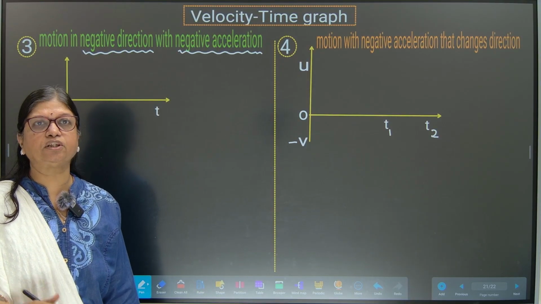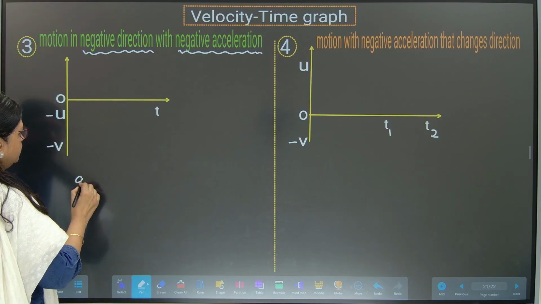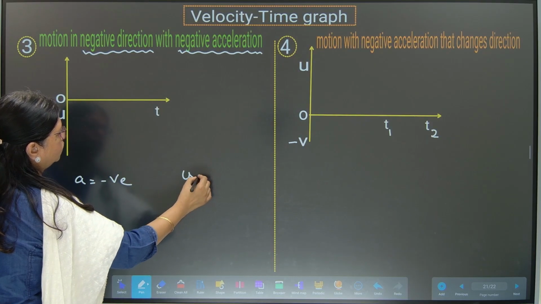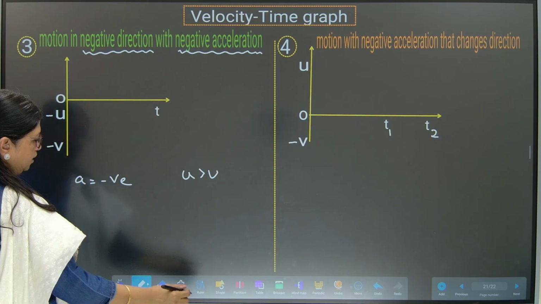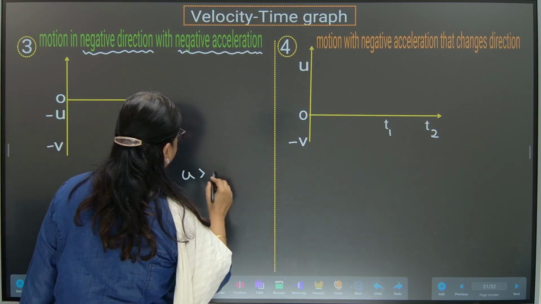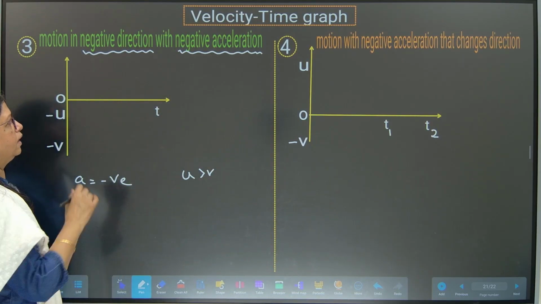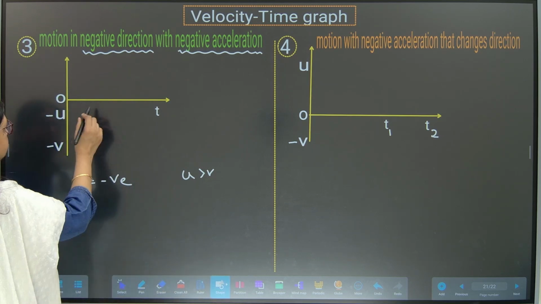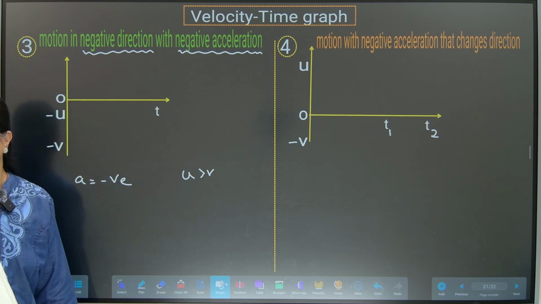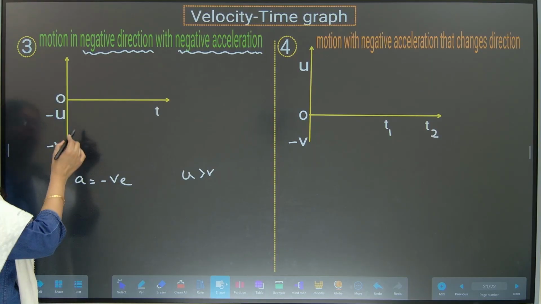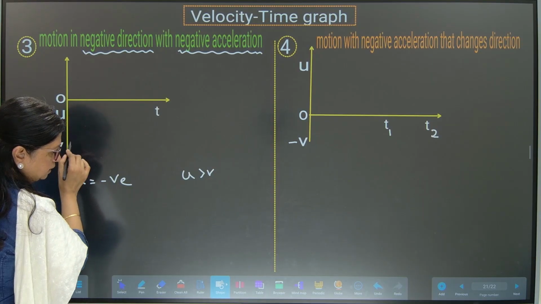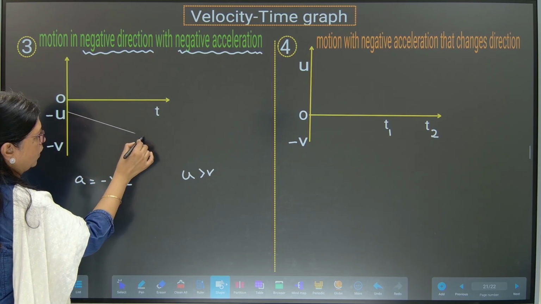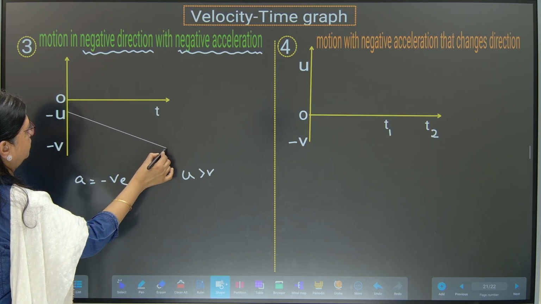Negative acceleration means you have a retardation, and definitely u is greater than v. Only then you will get a negative acceleration. So how do I draw this graph in this case? In this case, I shall draw a graph which is starting from u. It is on the negative y-axis, so both are negative.